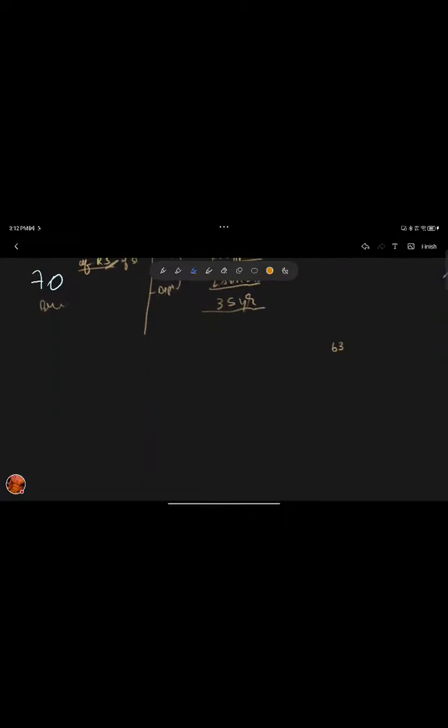So 63 would be vice president. 64th would be ex officio chairman. 65 would be, if the president goes somewhere, then the vice president can be the president, and the deputy chairman can be the chairman.